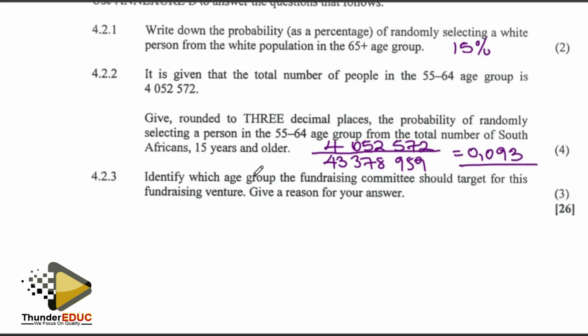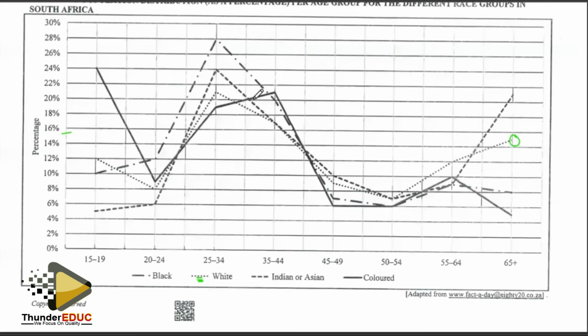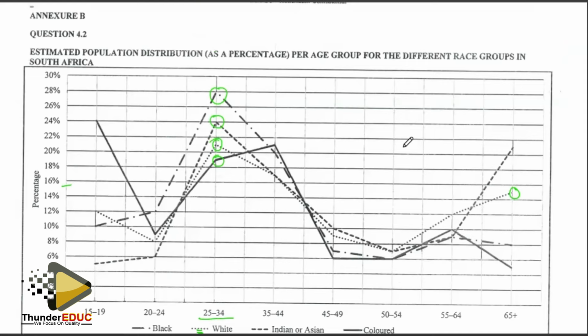Identify the age group the fundraising committee should target for this fundraising venue. We come to this, you see the age group here, 25 to 34. It has the most percentage of people here. There are many. So I would target that one.